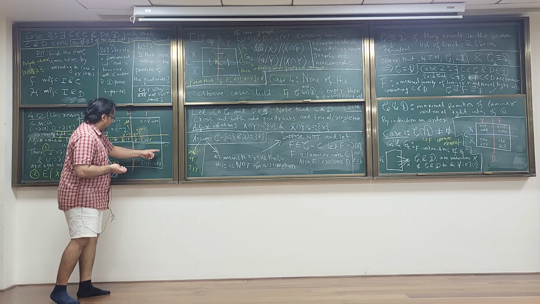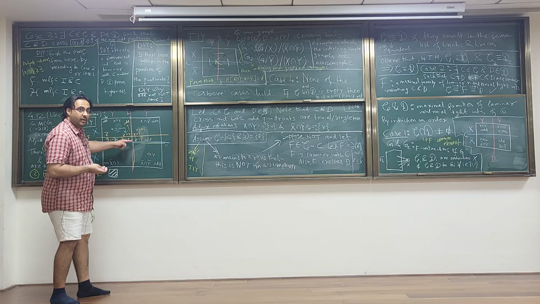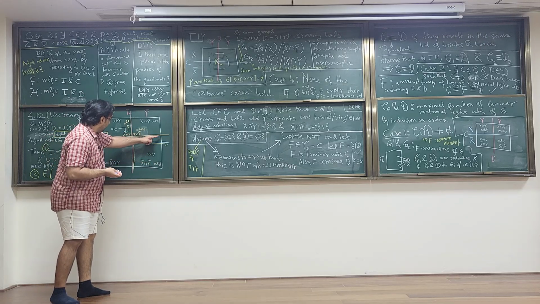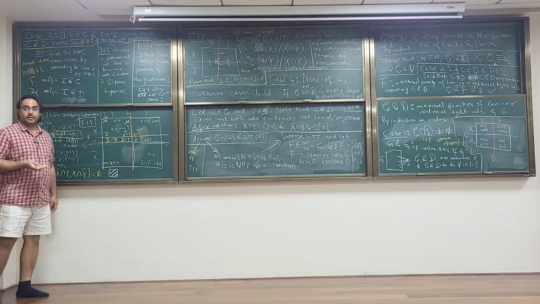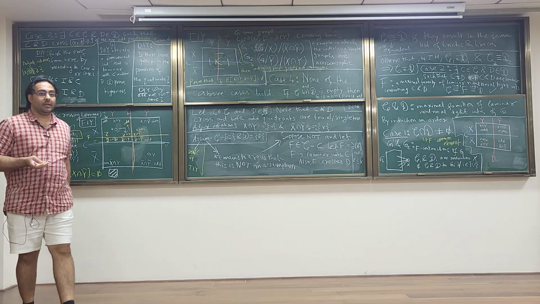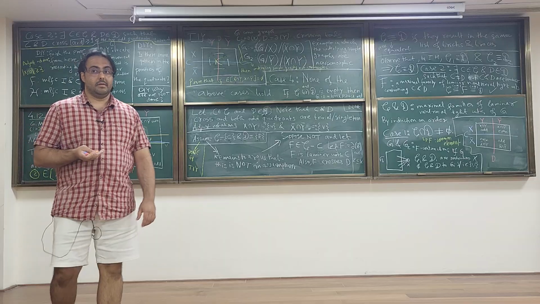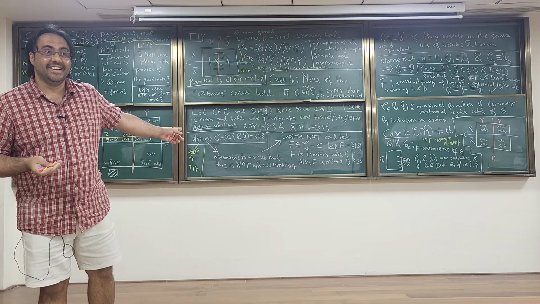Now let's think about this part. Can this be non-trivial? Can this part, Z bar intersection Y bar, can it be non-trivial? Why can it not be non-trivial? None of the above cases hold.